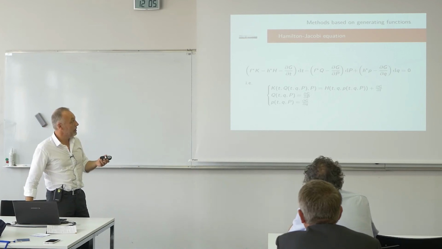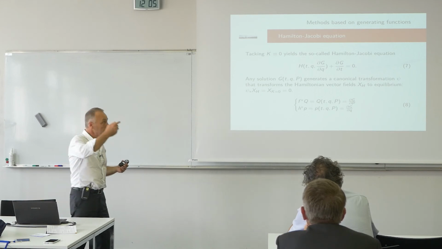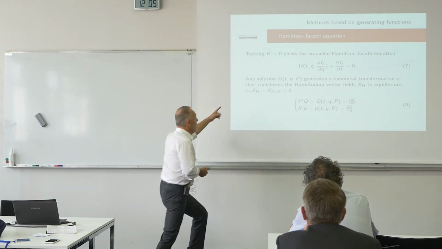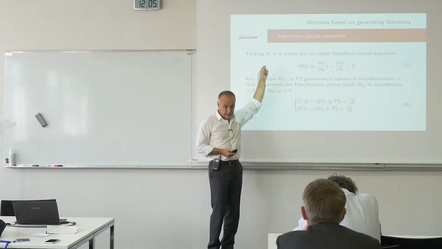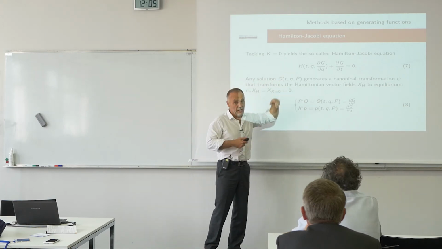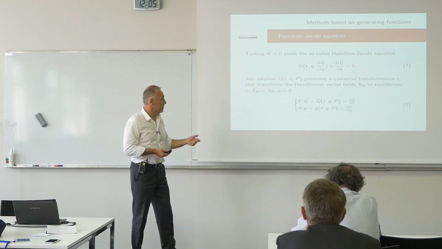So now the main thing to do is to suppose that we want a new Hamiltonian that vanishes. If we do so, we will obtain an easy system to integrate.